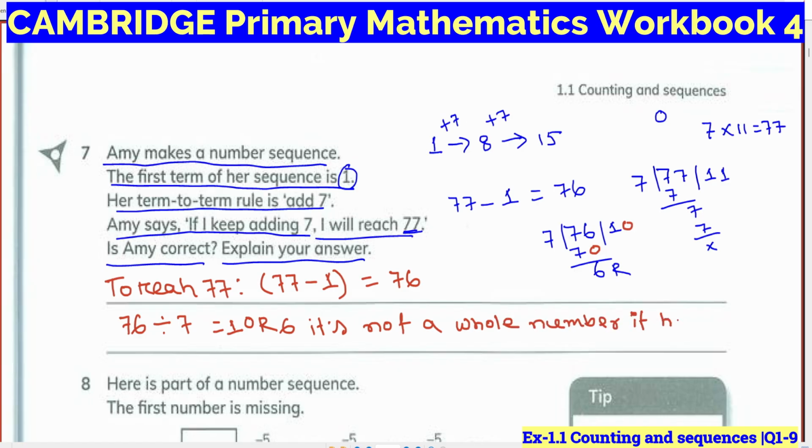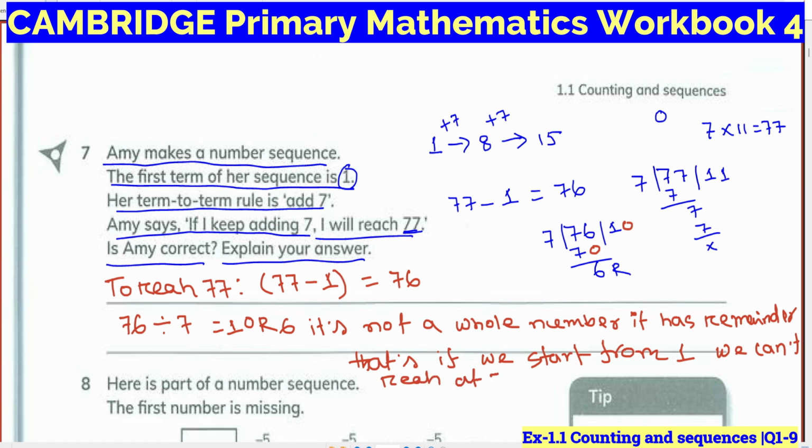It has a remainder. That's why if we start from 1, we can't reach 77 by adding 7. Okay, very simple.